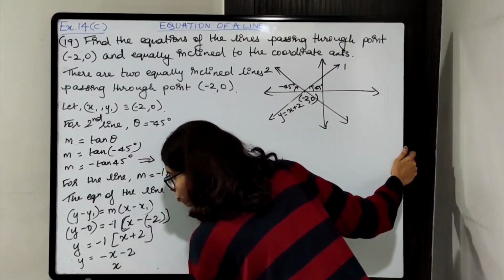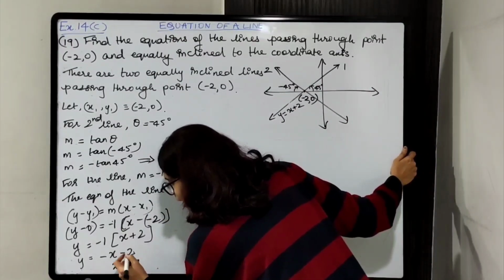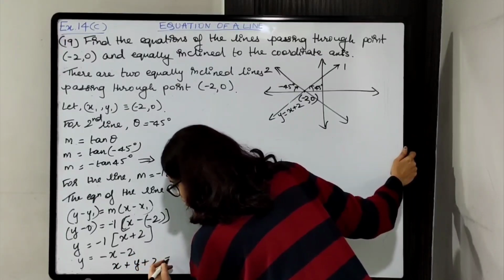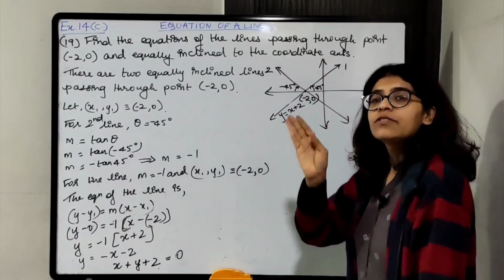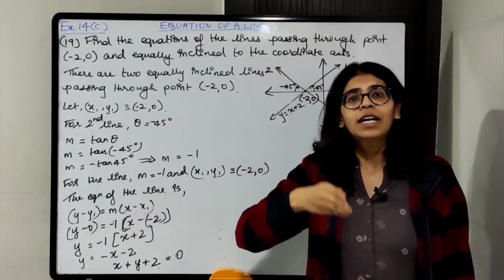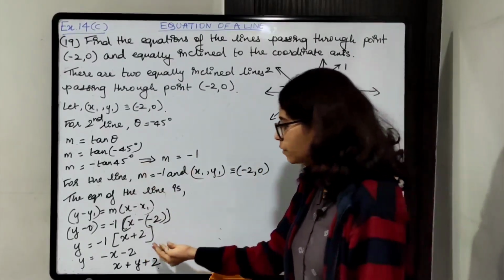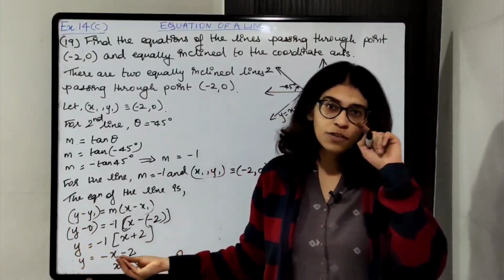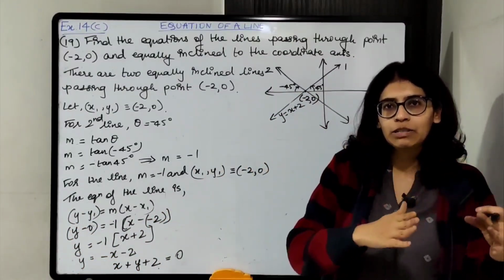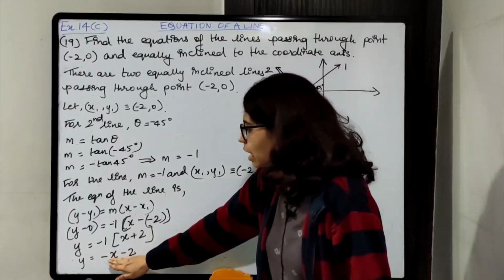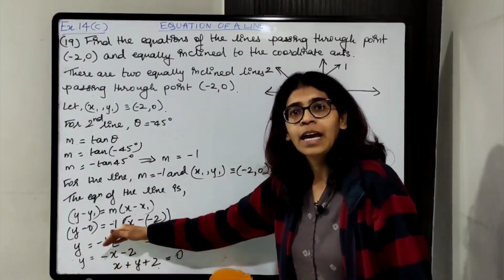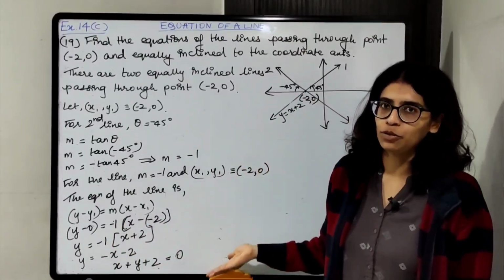So x becomes positive, y as it is, and 2 becomes positive, equal to 0. First always write the x term, then y, and then the number equal to 0. Okay, so whenever you're shifting all the terms to the LHS, what you will do is write x first, then y, and then the number equal to 0.